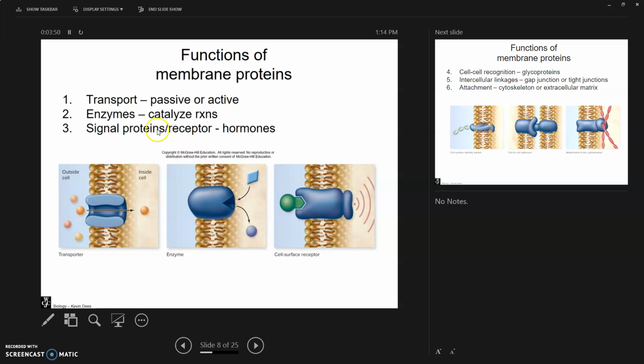But remember, these enzymes are there to catalyze reactions, and so when this particular reactant binds to the enzyme, a metabolic reaction occurs and we produce this product right here in our membrane protein. Others are signal proteins or receptor proteins, such that they can receive chemical messages like hormones. And so the receiving of a hormone here allows for a signal to be passed towards the inside of the cell that triggers the cell to do something.